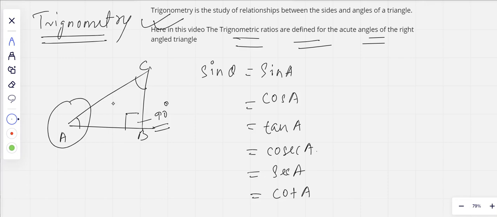The longest side, which is opposite to the right angle, is the hypotenuse, which we'll represent as H. The other two are the base and the perpendicular.